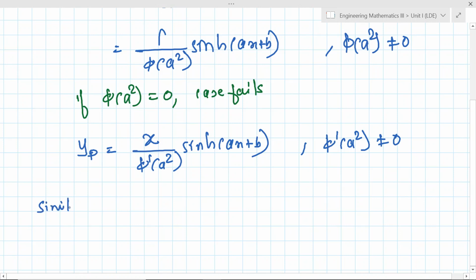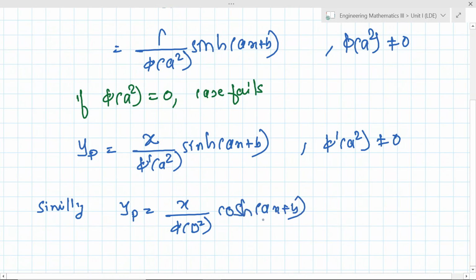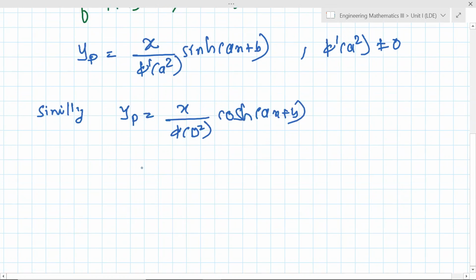Similarly, for cos hyperbolic: this is 1 upon phi of a square into cos hyperbolic (ax plus b), and it is not x here, since the case does not fail.